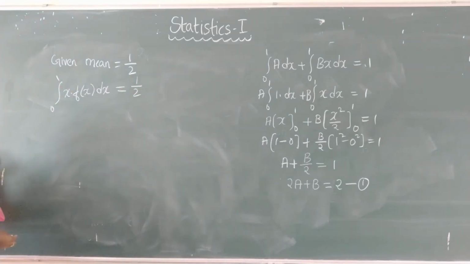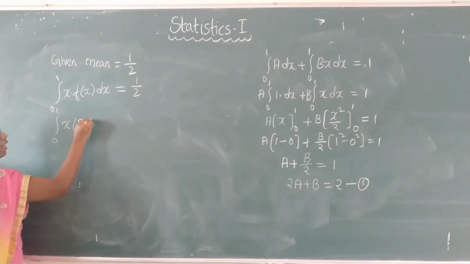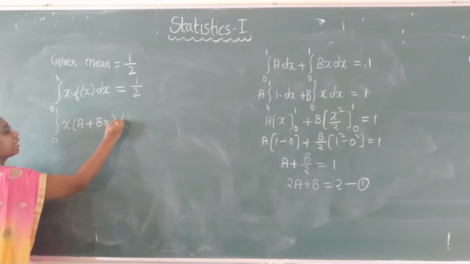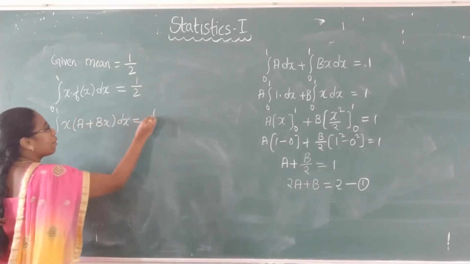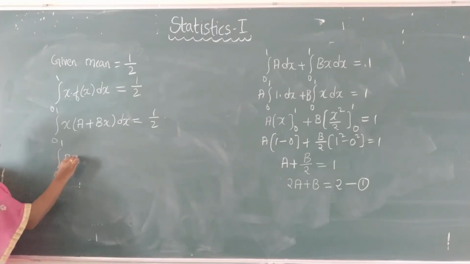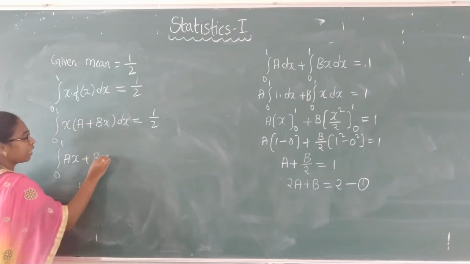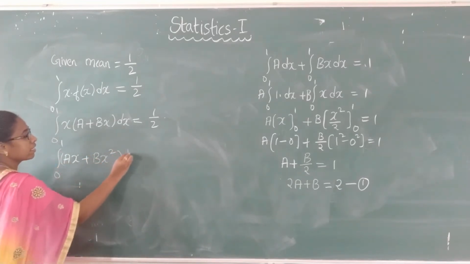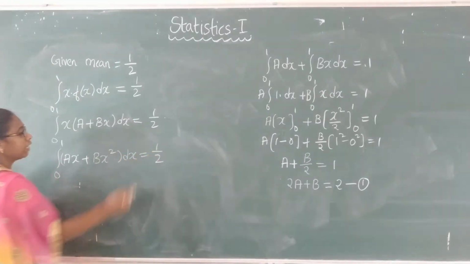Now what is the f of x value? a plus bx. Substitute that: integral over 0 to 1 of x into (a plus bx) dx equals 1 by 2. Now multiply this x into the terms inside: integral over 0 to 1 of x into a is ax, plus bx into x is bx square, dx equals 1 by 2.